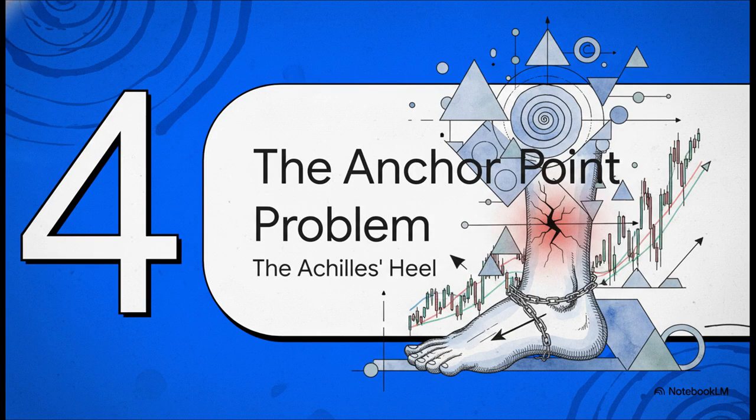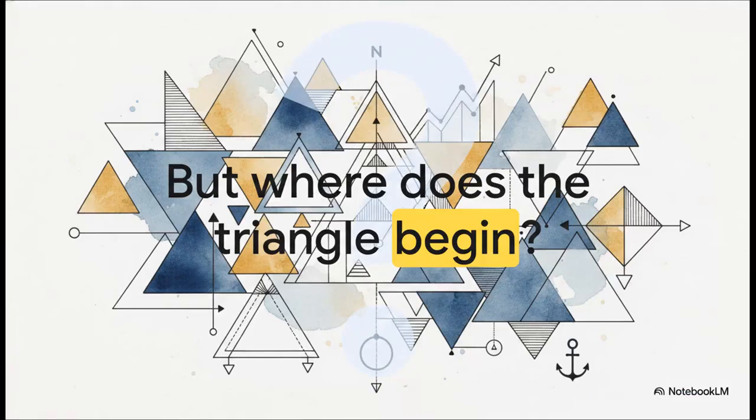Okay, I know this all sounds incredibly powerful, maybe even a little too good to be true. And you'd be right, because the entire system hinges on one single, very tricky variable. And yeah, it's pretty much the model's Achilles heel. And that big, tricky question is this: where exactly do you start measuring? That anchor point we talked about, how you define the beginning of the run?